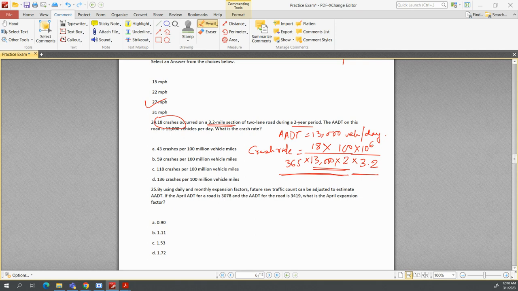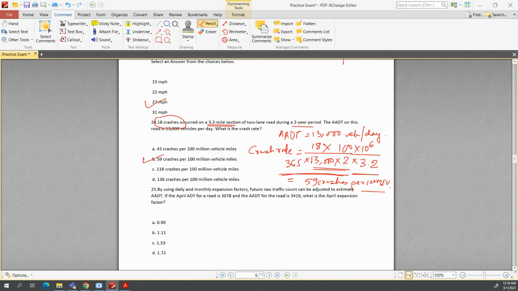You need to find how many crashes will occur if there are 100 million vehicle miles. That is the crash rate. If you do this, you will find the answer as 59 crashes per 100 million vehicle miles.